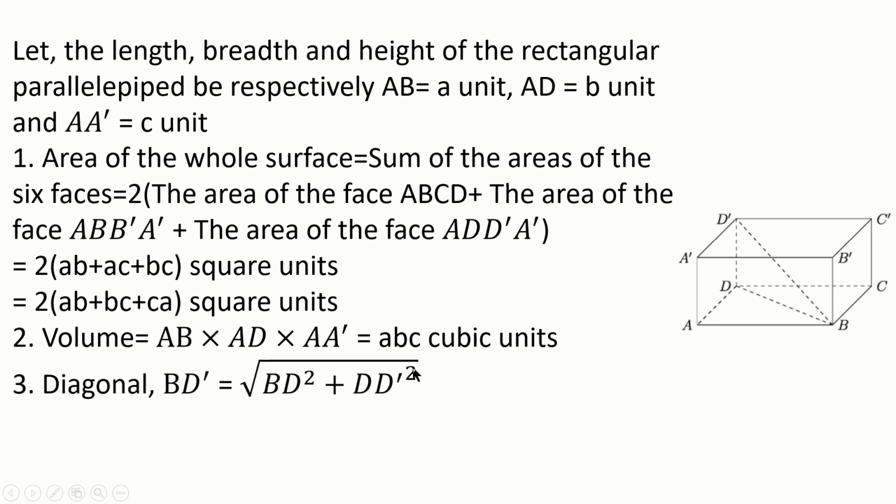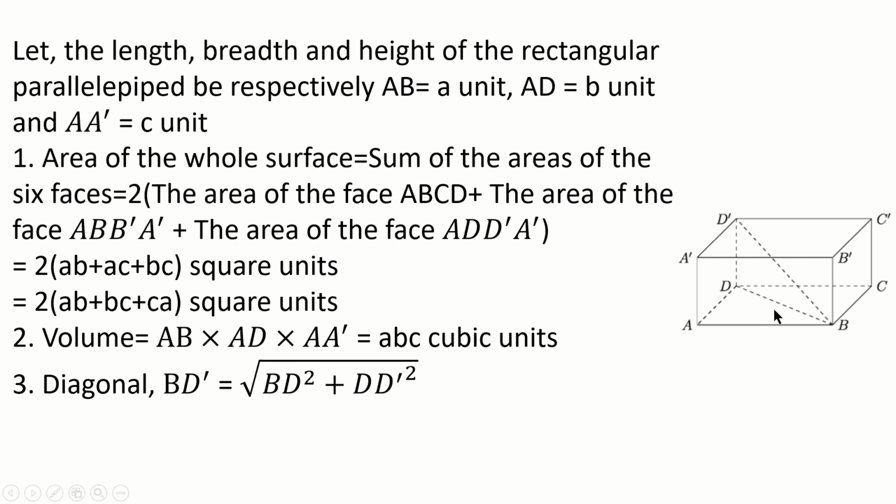And the diagonal of this solid will be BD prime. This is a diagonal. But for each face, that means the bottom face is a rectangle. So BD is the diagonal of the bottom face.